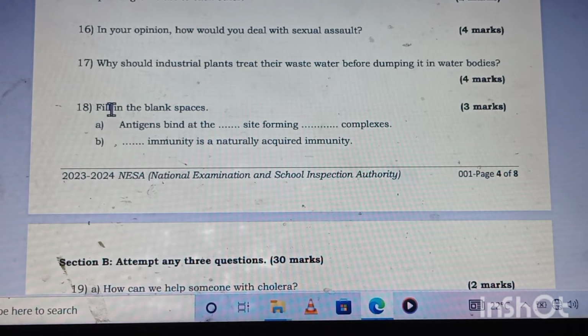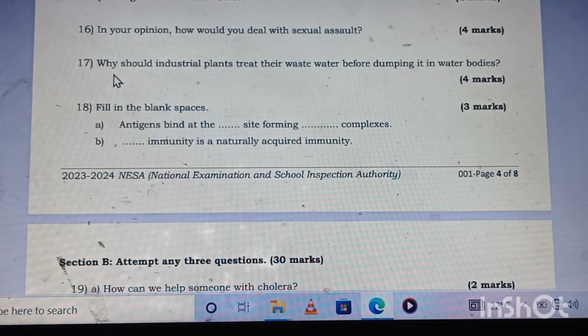Question number 17. Why should industrial plants treat their waste water before dumping it into any water bodies? Remember, here we have water pollution, or contamination of water. Water pollution can cause different effects like eutrophication or loss of life in water bodies.